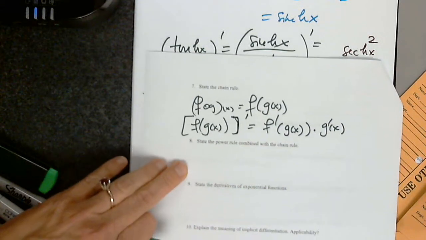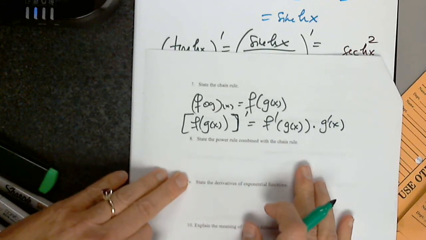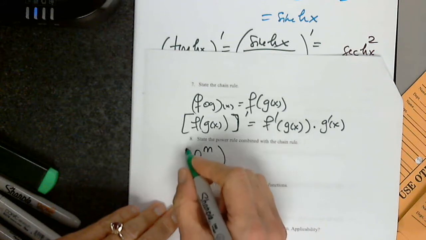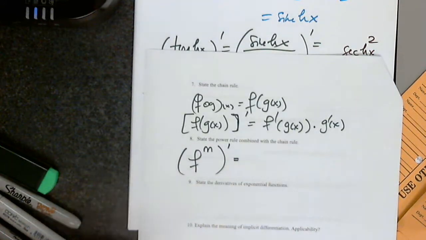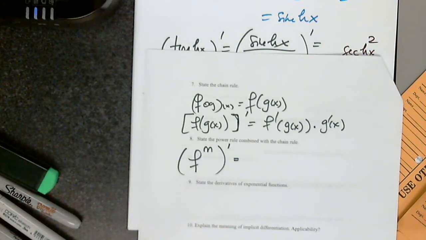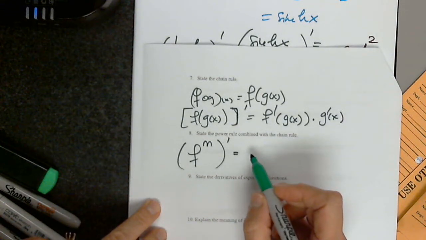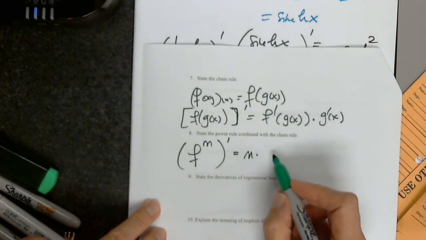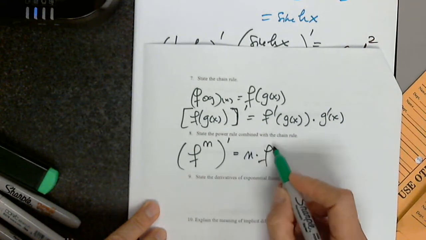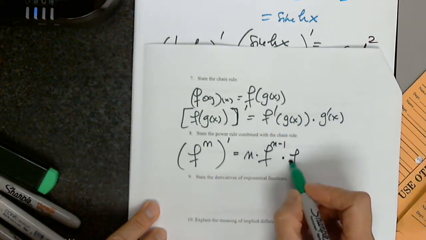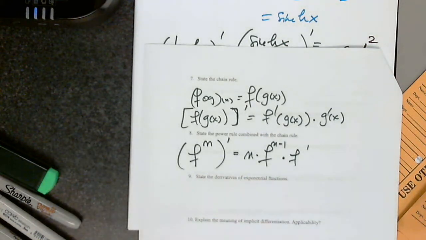Excellent. State the power rule combined with the chain rule. So f, a function raised to a power, prime. What will I have for this? Yes, times raised to n minus 1 times, indeed. Very good, excellent.